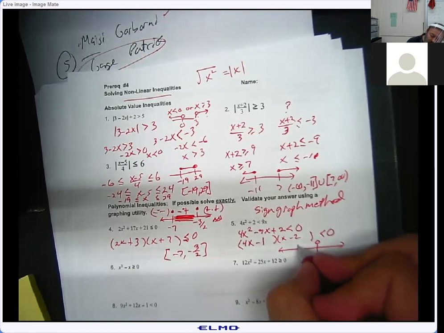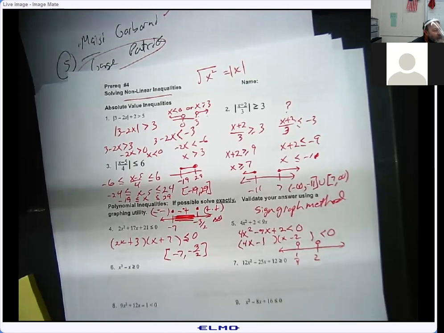I like it. Now, what happens if you move to the right of 2, everybody? What do you think is going to happen? Well, what would happen to the signs if you plugged in something to the right of 2, like 8 or 10 or something like that?